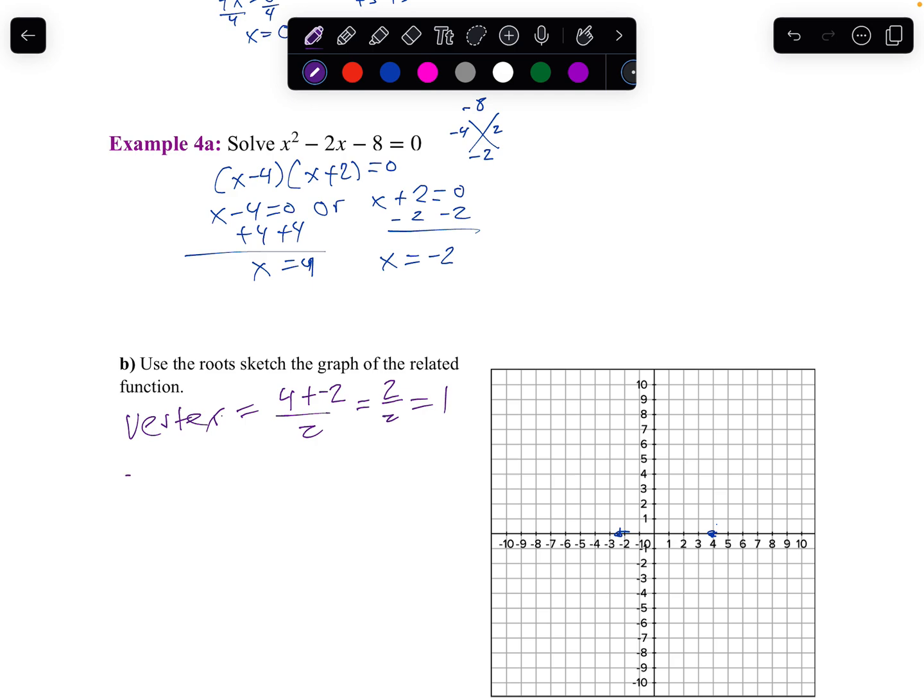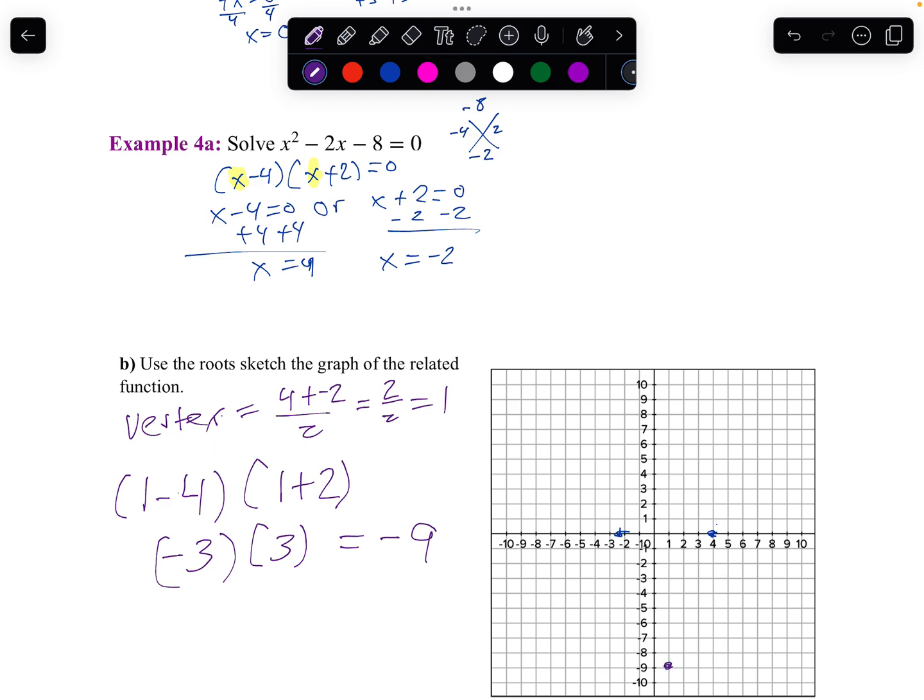So I'm going to go 1 minus 4 times 1 plus 2, because we're replacing x with 1 in our problem. So 1 minus 4 is negative 3. 1 plus 2 is 3. So I know my vertex is at 1 and negative 9.